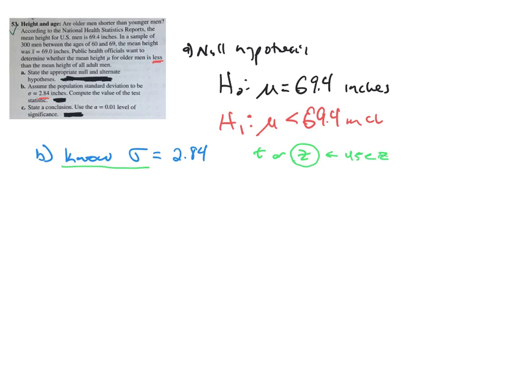If we didn't, we would have to use the t's, but we do, so we have access to the full standard normal distribution. I'm going to do this using the calculator, doing a z-test, since we know the population standard deviation.